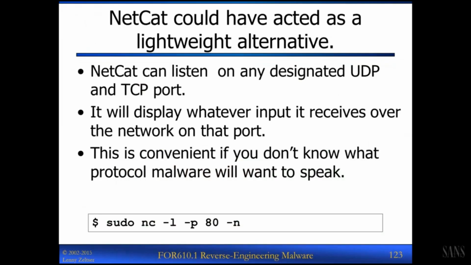Well, you could have set up a Netcat listener using the command at the bottom of the slide, and instead of -p 80, you could have put -p 1234. And it would simply set up the TCP connection and print out for you what data was actually being transmitted to that receiving listening port. That's also a really good way to get a feel for what malware is looking for, because sometimes it's not as clear. Sometimes it's using non-standard ports in order to communicate with the command and control server. And so using Netcat is one way to start exploring that activity.